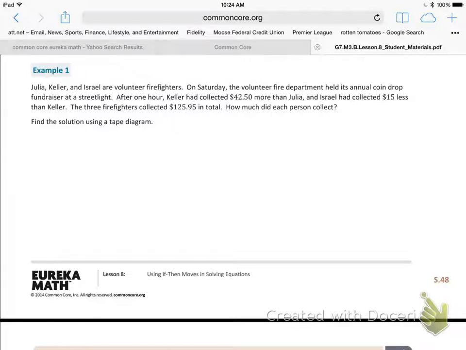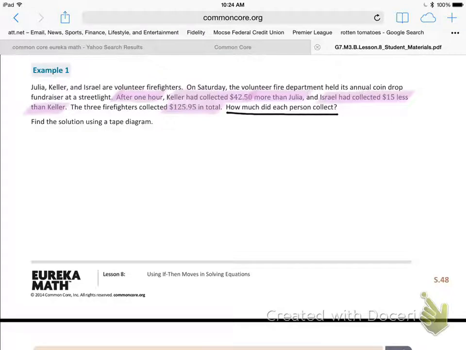After 1 hour, Keller had collected $42.50 more than Julia, and Israel had collected $15 less than Keller. The three firefighters collected $125.95 in total. How much did each person collect?